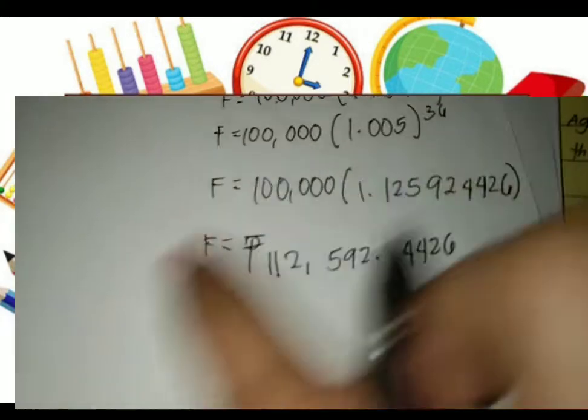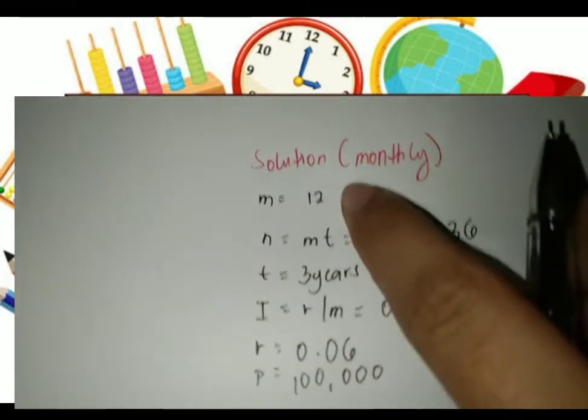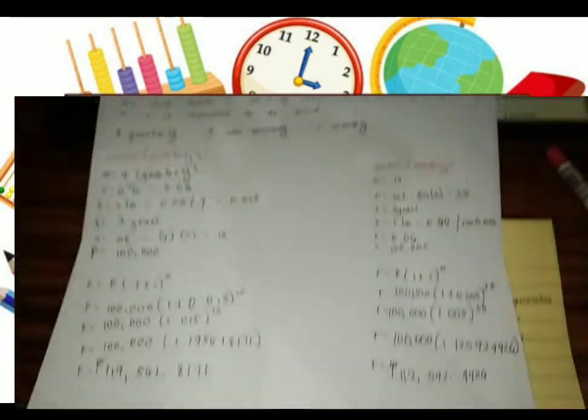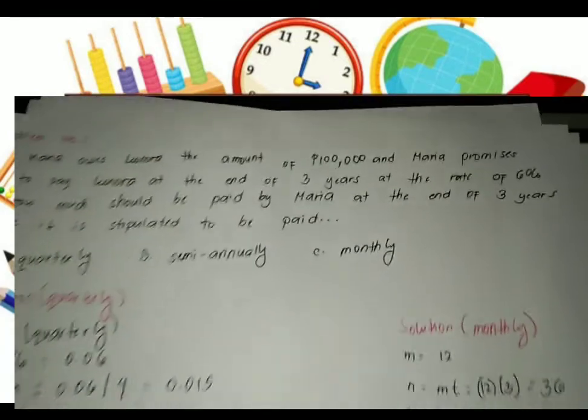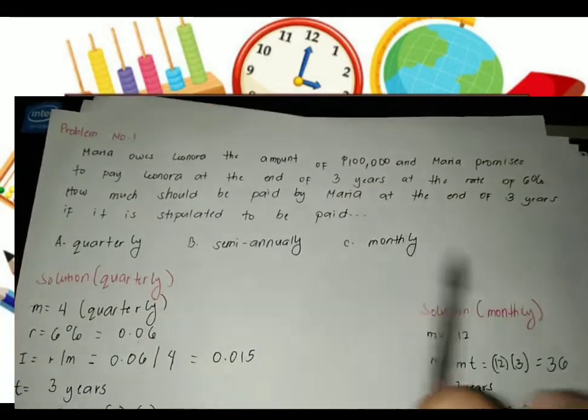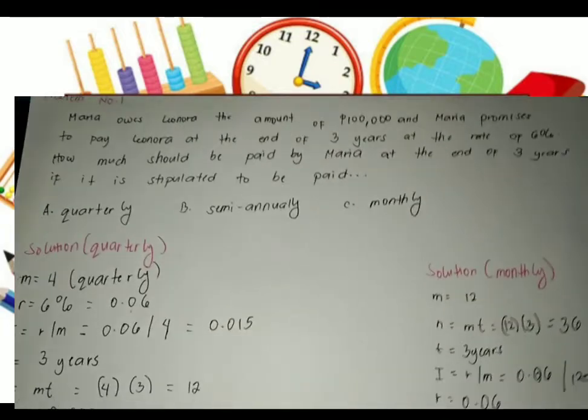This is the amount of money monthly. This is the answer to our problem number 1 using the quarterly, semi-annually, and monthly.